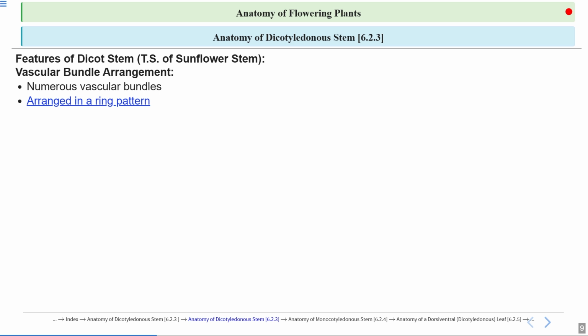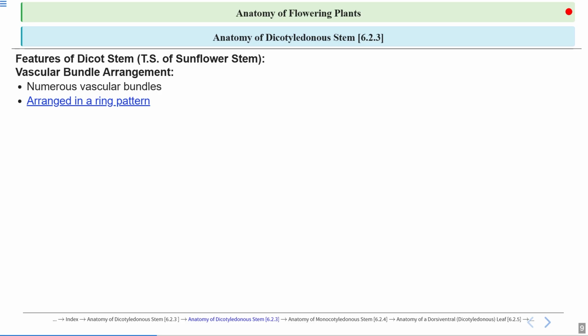If the vascular bundles are present in a circular pattern, it could be of two types: radial vascular bundle type or conjoint vascular bundle type. In the radial, the xylem and phloem are present on different radii, whereas in the case of conjoint, the xylem and phloem are present on the same radii, right?